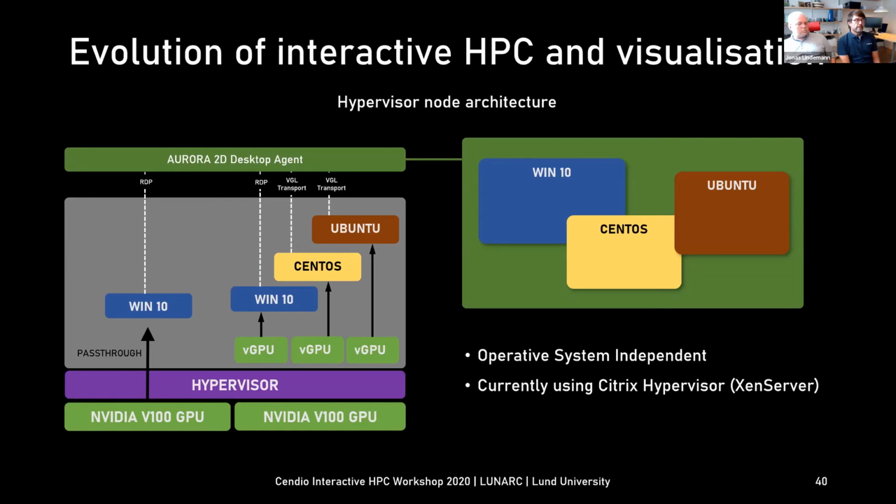Or we can slice the GPU into virtual GPUs, vGPUs, with different frame buffer configs, and serve either Windows 10, CentOS, or Ubuntu. Depending on the OS, we have different protocols. We have VGL transport for Linux, and we have RDP for Windows. Regardless of the protocol used, they are assembled into the desktop. That's how we can have one solid environment where we can run different OSs with different applications, all accessing the central storage.